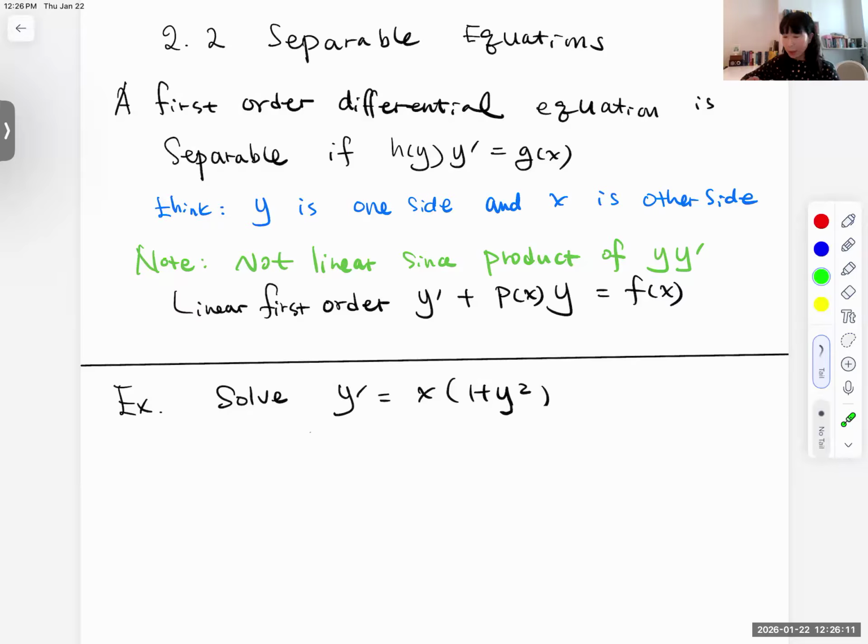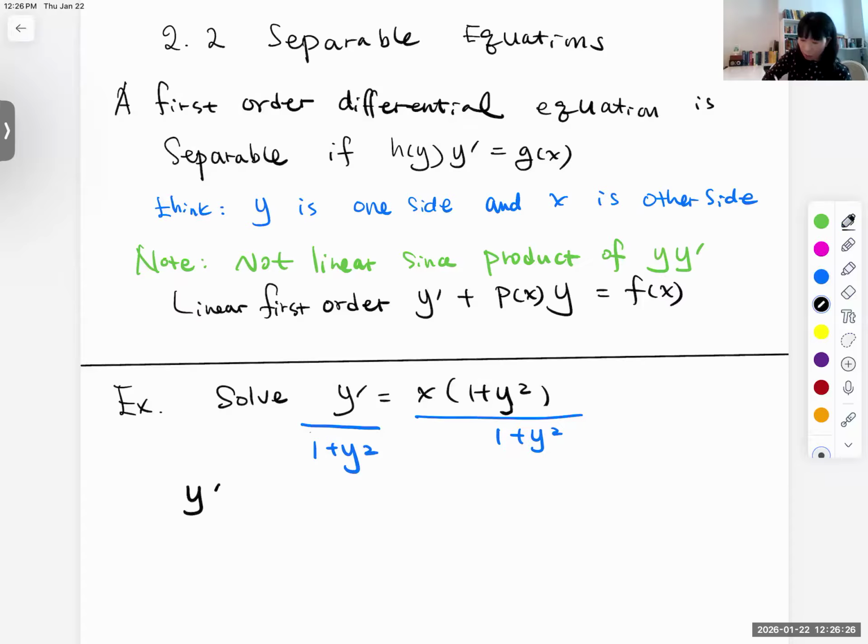What's the first job in that case? We need to move this over, so divide both sides by 1 plus y squared. So we have y prime over 1 plus y squared equal to x.